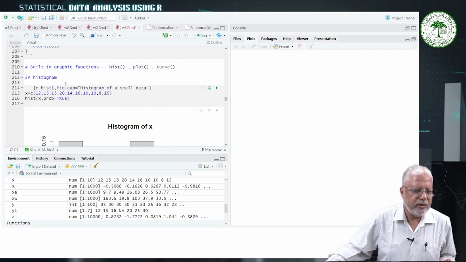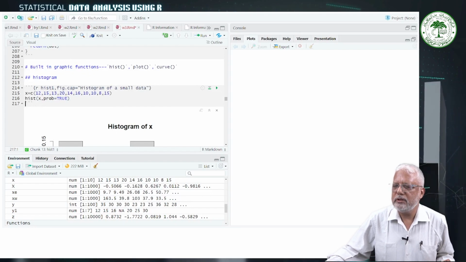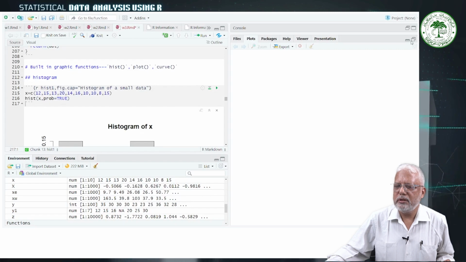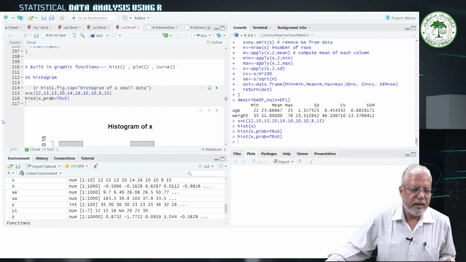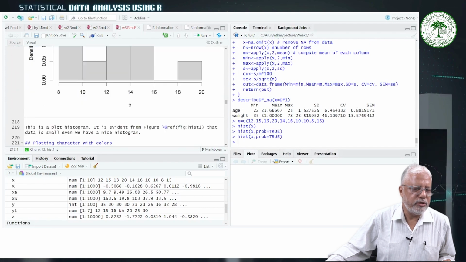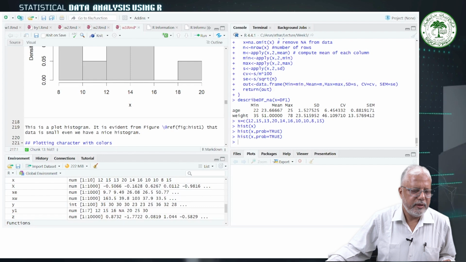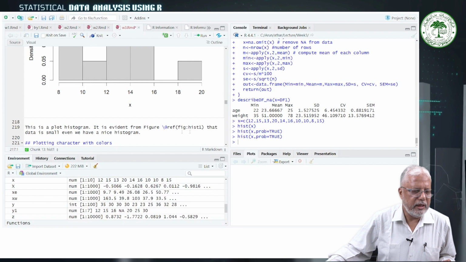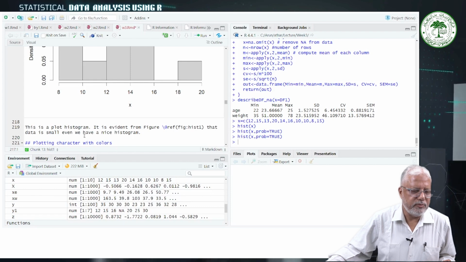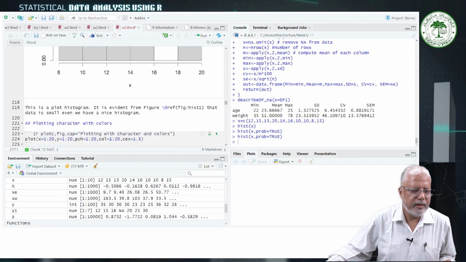There is an advantage of using prob equal to TRUE, because it returns density estimates, so we can add a density curve. This plot is known as a histogram. It is evident from the figure that the data is small, yet we have a nice histogram.